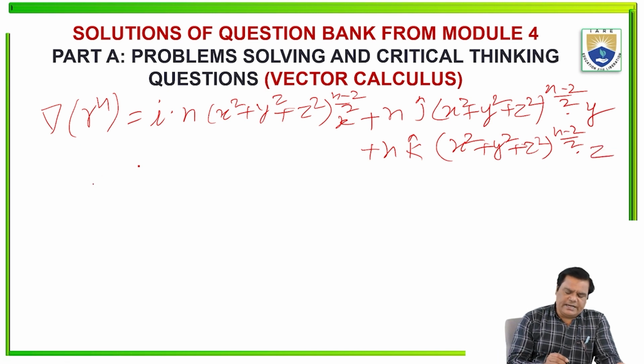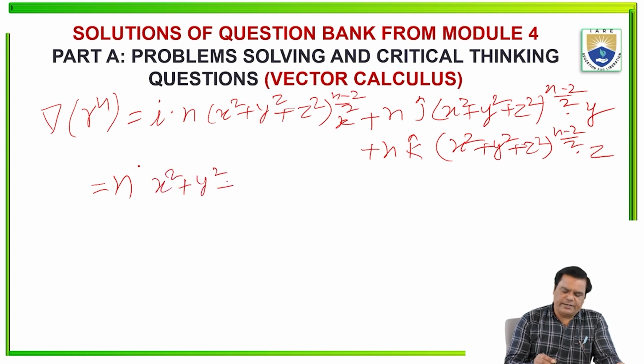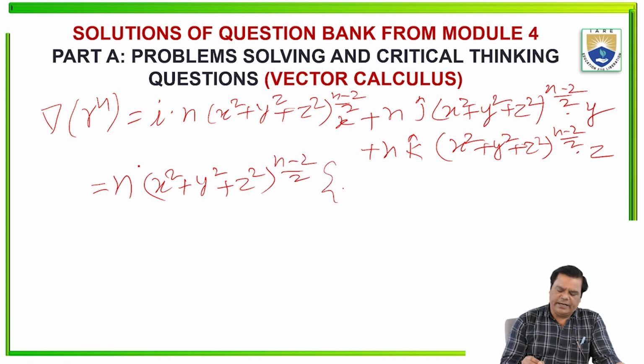So here n is common, (x square plus y square plus z square) whole to the power n minus 2 by 2 is common, and here is xi plus yj plus zk.